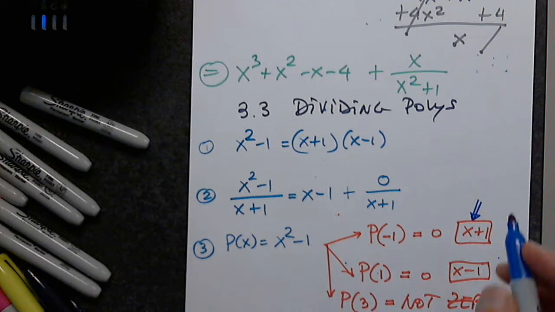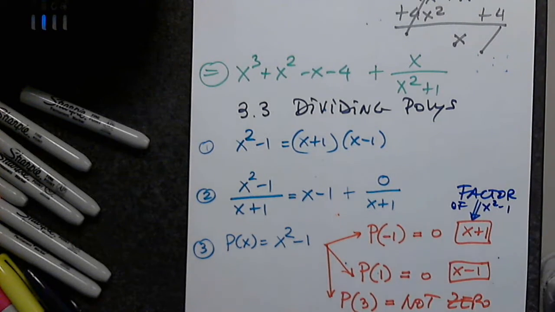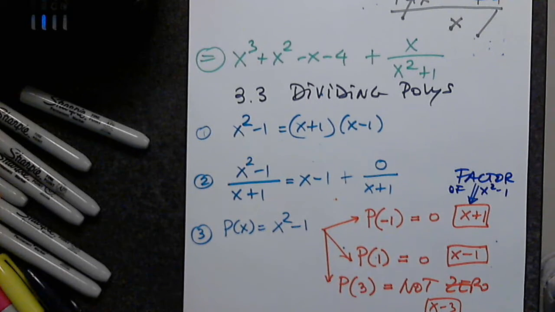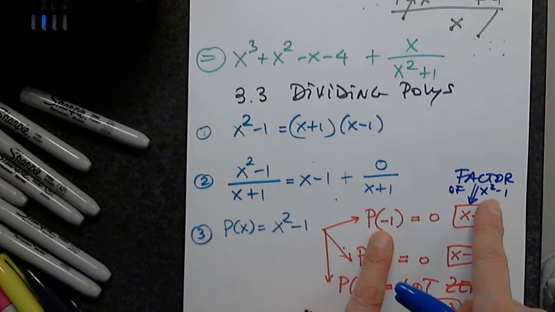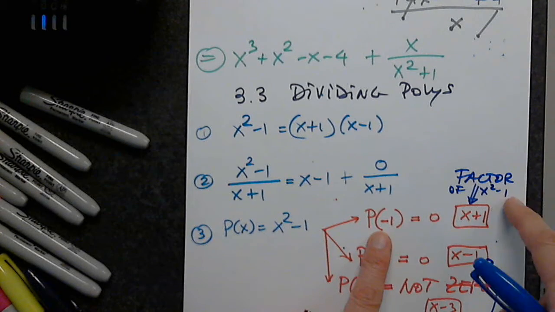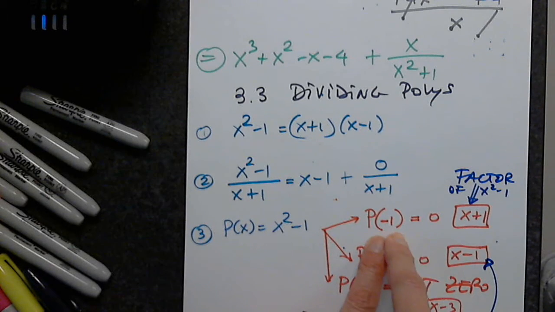Very important theorem. Factor of x squared minus 1. What will you say about x minus 1? But careful, you are plugging in negative 1, right? It's the same concept from the synthetic division. What we put in the box, right? So x squared minus 1 has a remainder 0 when I plug in negative 1 in it because x plus 1 is a factor of x squared minus 1. What can you say about x minus 1?